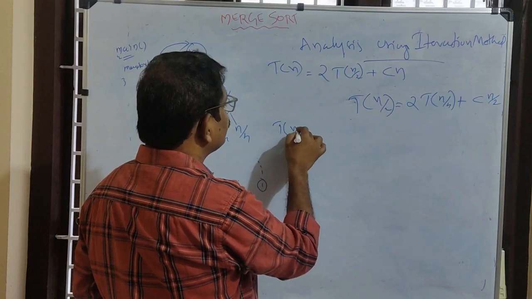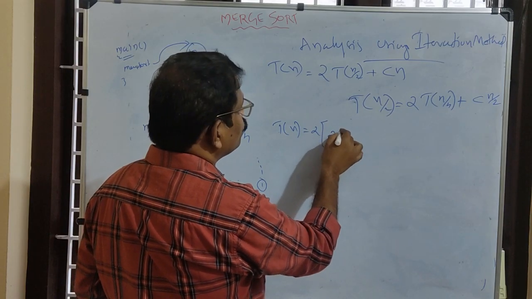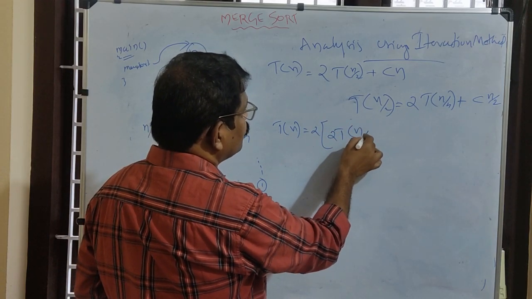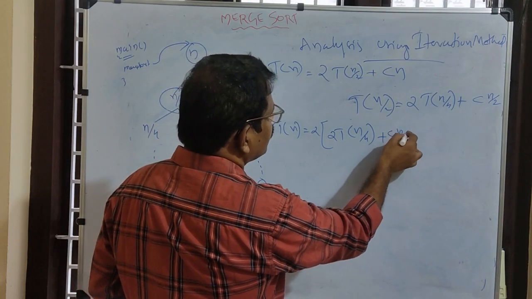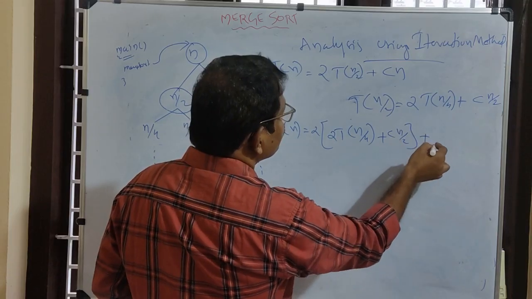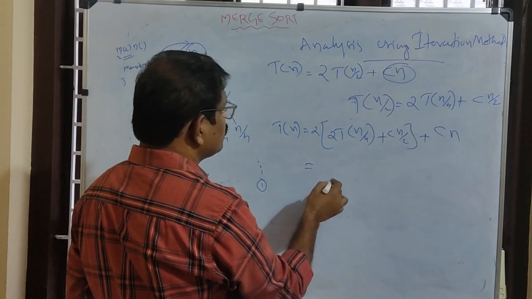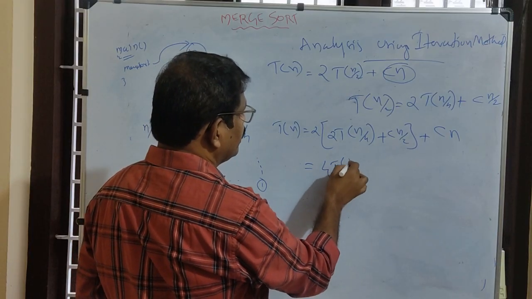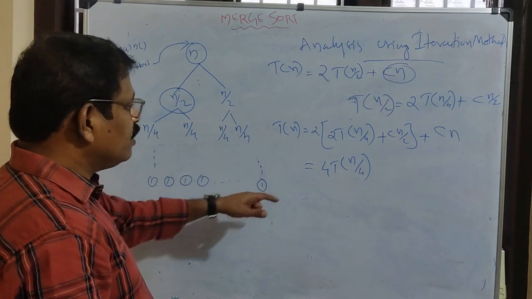So we will be getting T(n) equal to 2 into (2T(n/4) plus Cn/2) plus our old Cn, that is Cn. So it is equal to 4T(n/4).